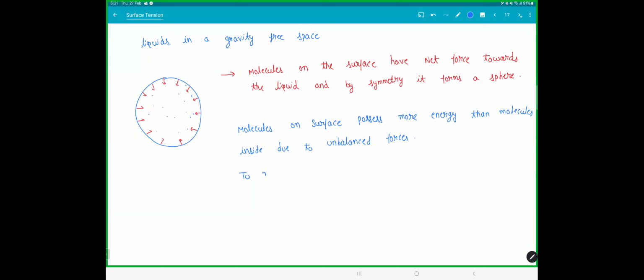So, and we know to minimize the energy, I want less molecules on the surface. That means I want less surface area. To minimize the energy, the system will try to have a minimum surface area.